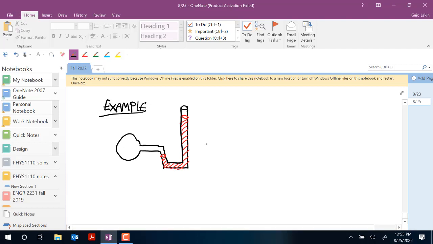So anyone remember the density of water? Yeah, it's 1 gram per centimeter cubed, or 1,000 kilograms per cubic meter in SI units. And let's say that we measure this distance h to be 0.8 meters. So what's the pressure in the bulb?